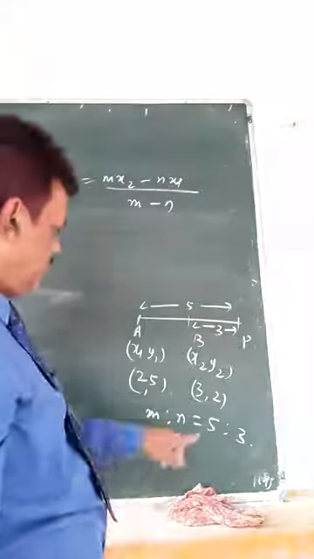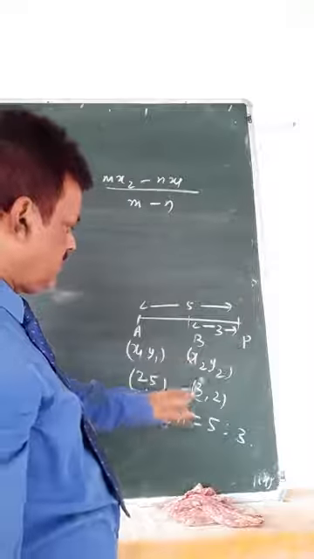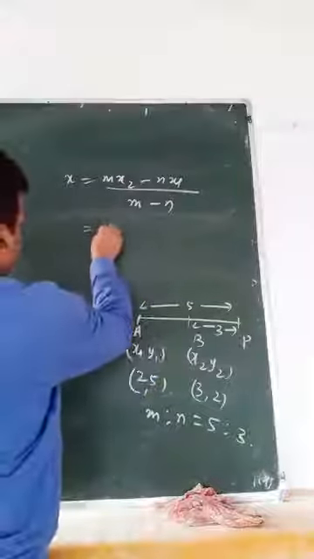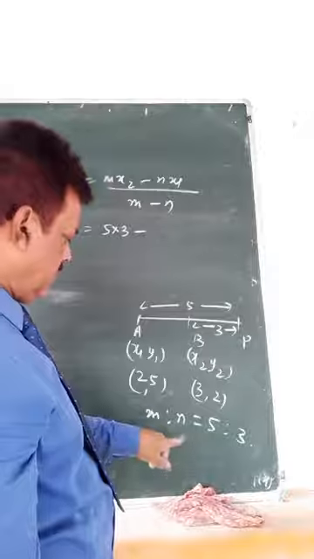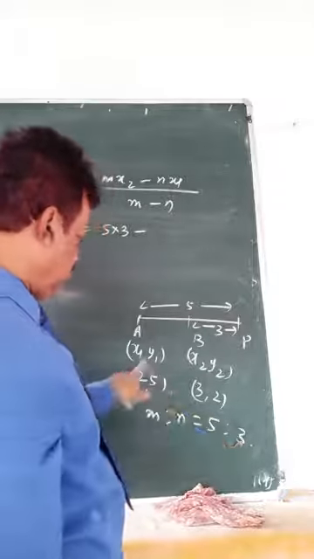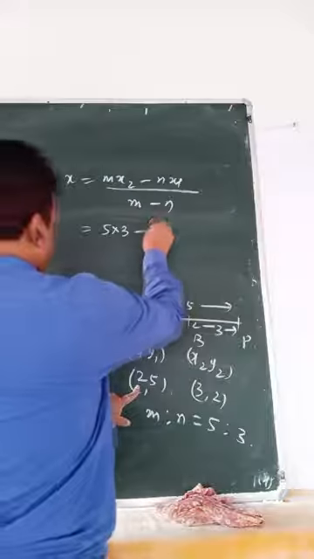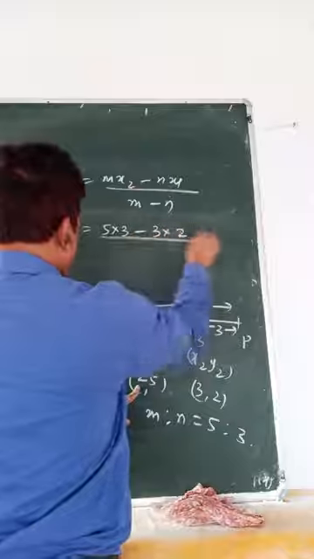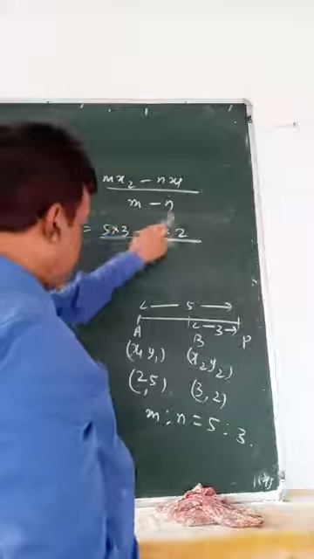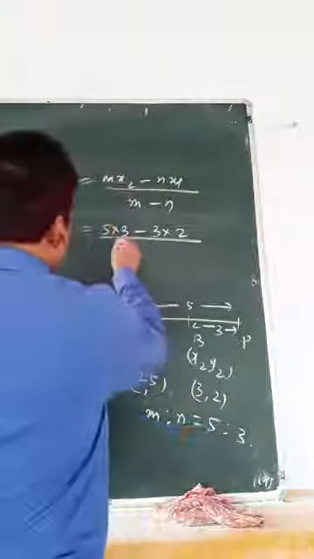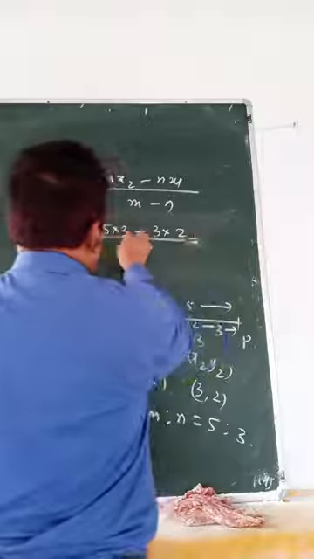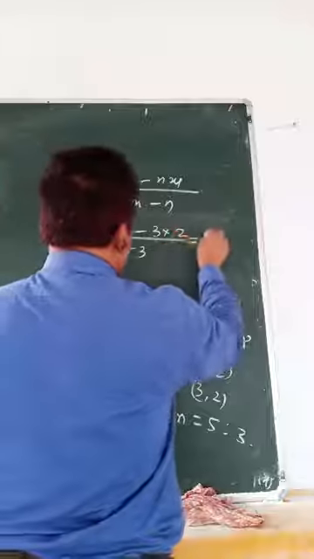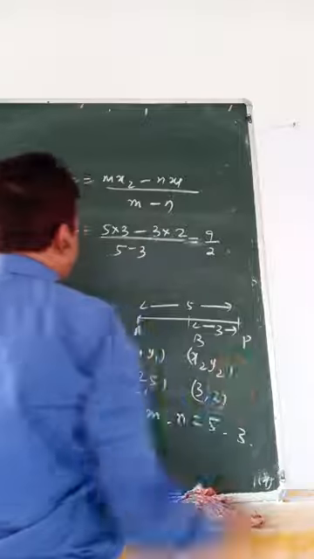mx2, m means 5, x2 means 3, 5 into 3, minus nx1, n means 3, x1 means 2, by m minus n, 5 minus 3. So 15 minus 6, 9, 9 by 2.